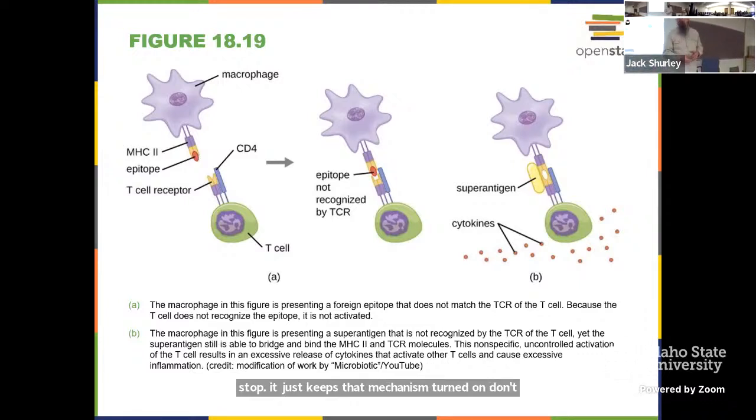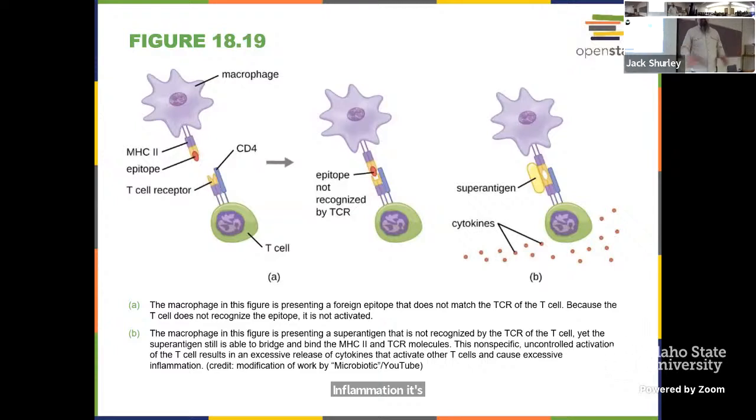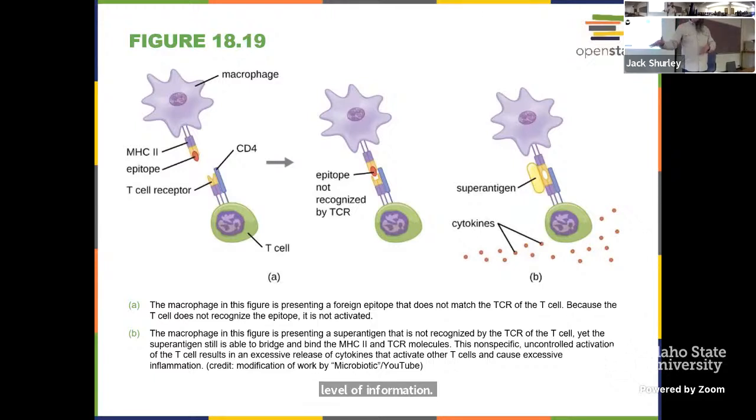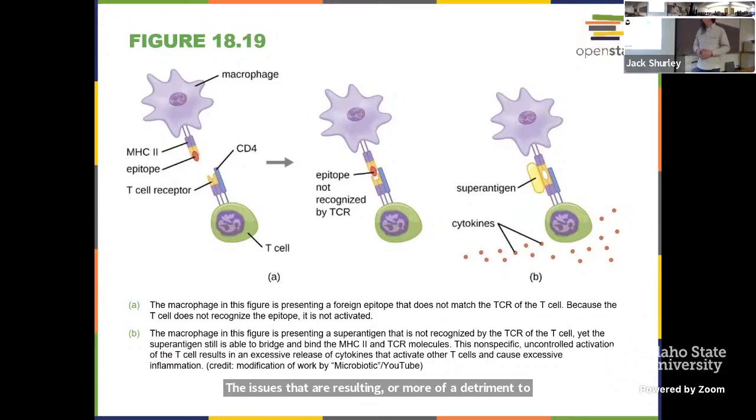And as that happens, we see excessive, maybe uncontrolled inflammation. It's a process that is not something that, I mean, maybe there's a slight benefit, but overall, the level of inflammation, the issues that are resulting are more of a detriment to us than a benefit, right?